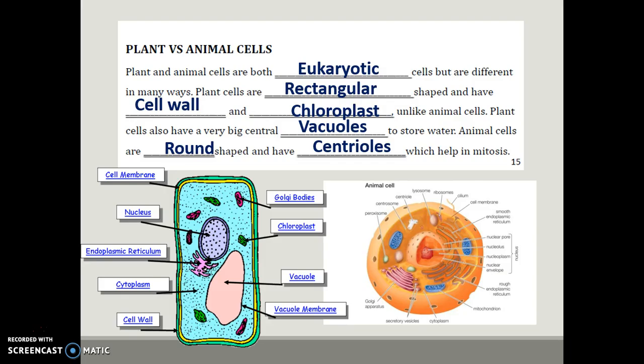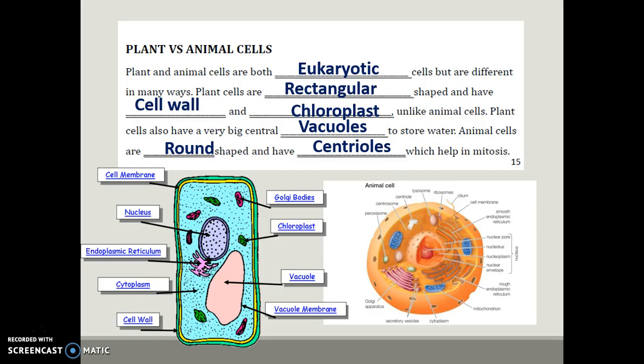So now let's compare plant and animal cells. Plant and animal cells are both eukaryotic cells, but they're different in many ways. Plant cells are rectangular typically, just like this one is right here, and they have a cell wall and a chloroplast. So the cell wall is very important because it provides shape and structure. It allows the plant cell to have that rectangular structure and shape. In contrast, animal cells do not have a cell wall or a chloroplast.